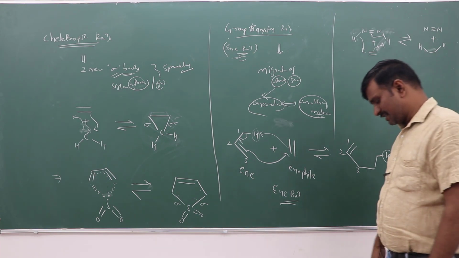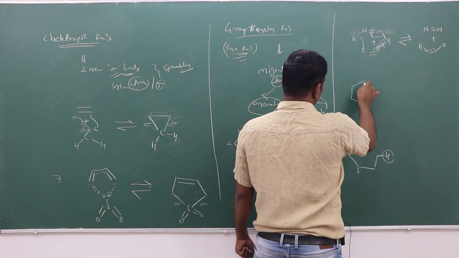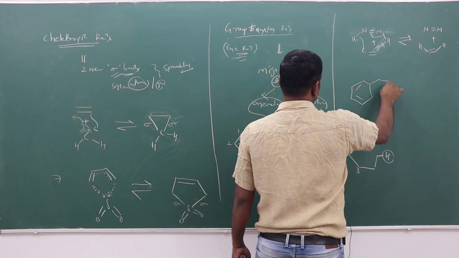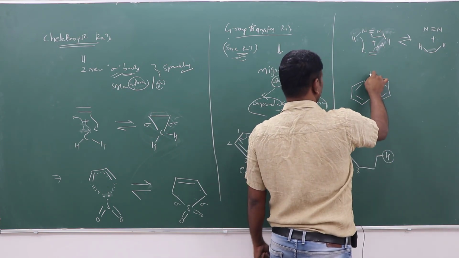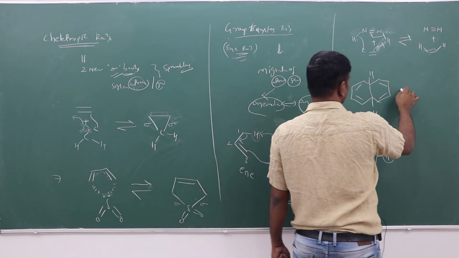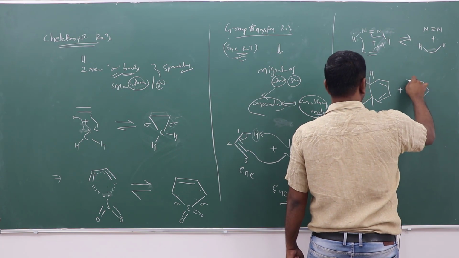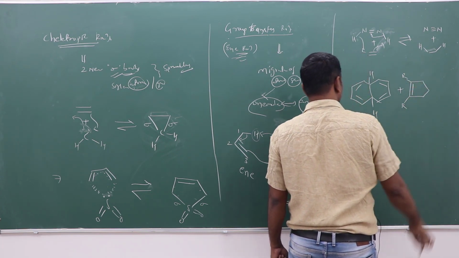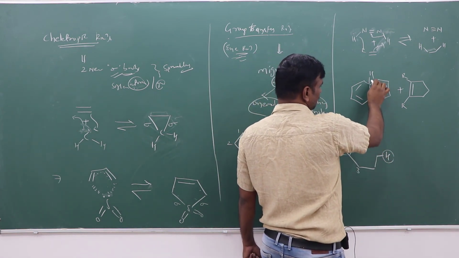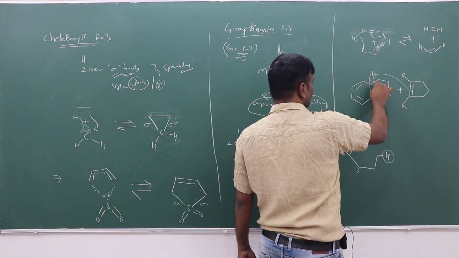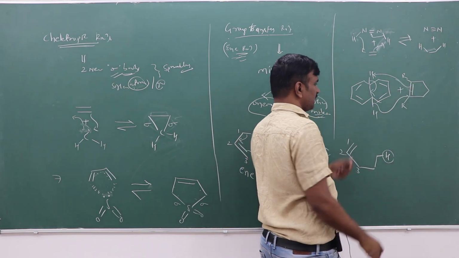Group transfer reactions, right? One more example of a group transfer reaction: suppose hydrogen is there, and the hydrogen is transferred from this one to this. So what will be happening here?